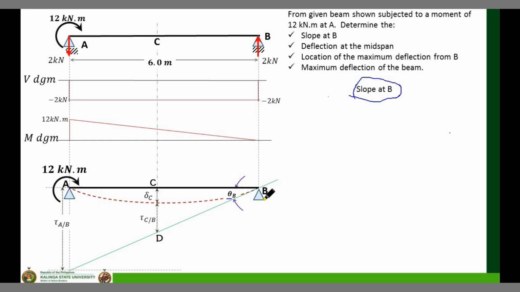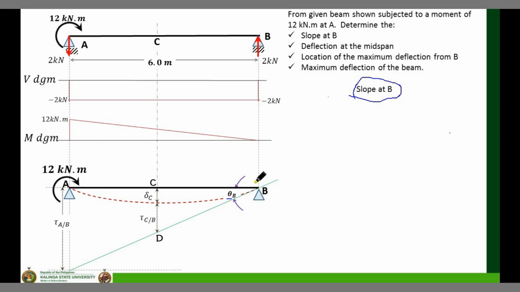Triangle. And since triangle, when we talk about triangle, ang unang pumapasok sa isip natin is trigonometry. So, anong function sa trigonometry ang pwede kong gamitin para makuha ko yung slope at B? Since we are dealing with slopes and not angles, hindi angles ang sinusolve natin, but the slope or yung rotation ng ating point B.